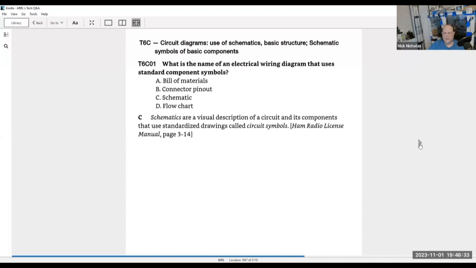What is the name of an electrical wiring diagram that uses standard component symbols? Standard component symbols are drawn in electrical schematic diagrams, and there is a uniform set, and some of them are in the book.